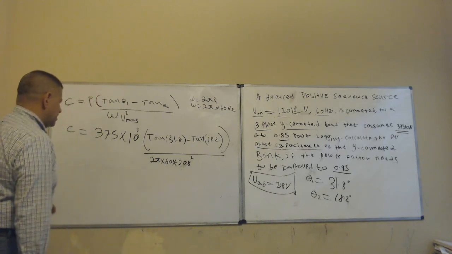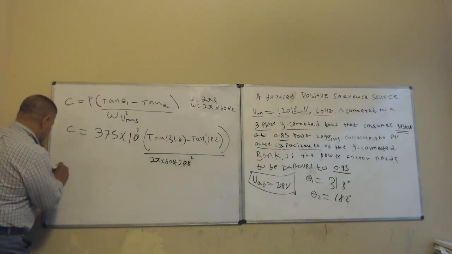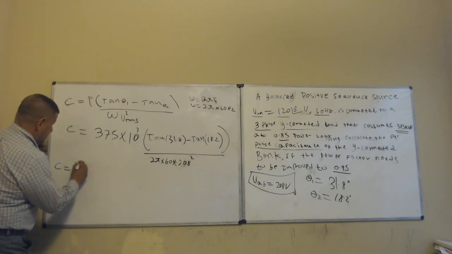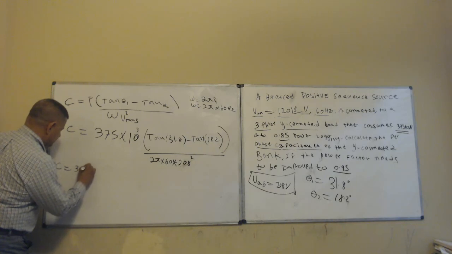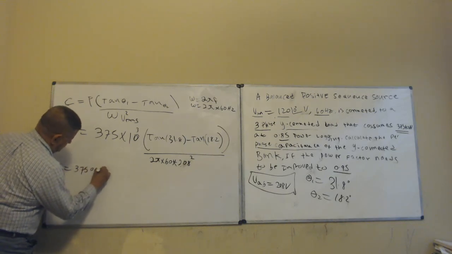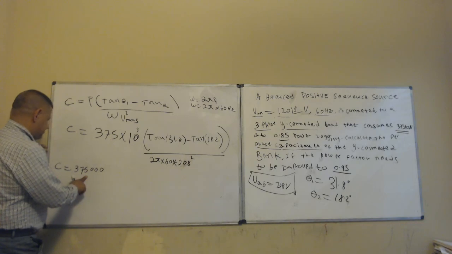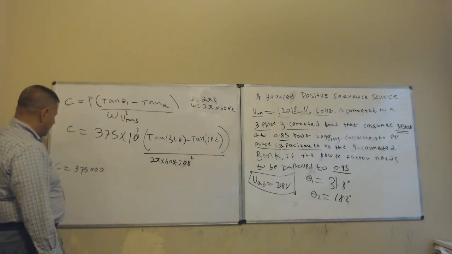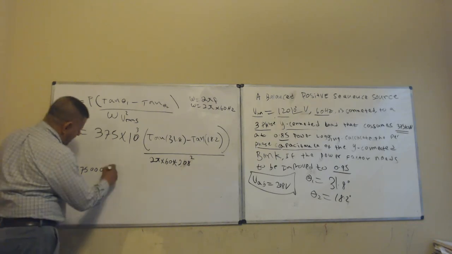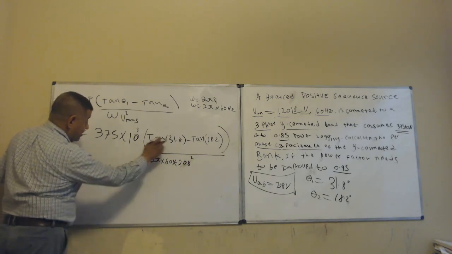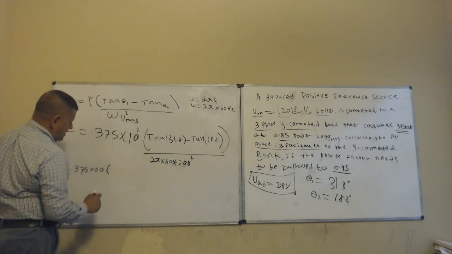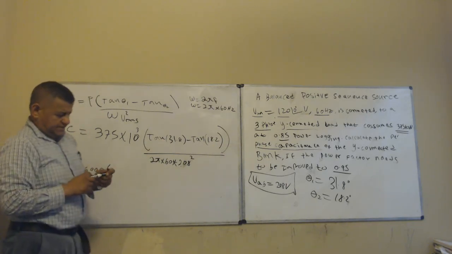So let's do it. So right here, C is equal to what? It's equal to 375,000, right? Now, right here, we have this, but then when I do the math on that, just let me do it.